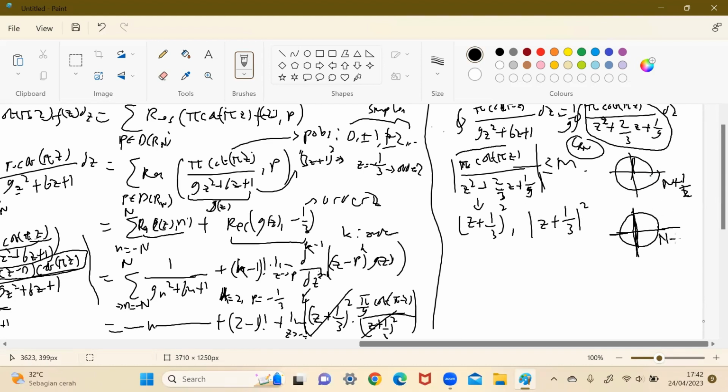So this will be n plus 5/6, and it's going to be negative n minus 1/6.